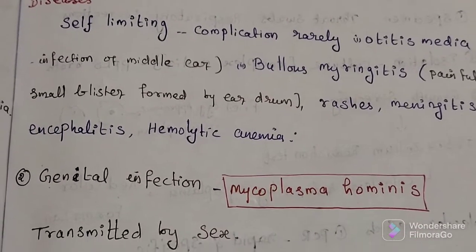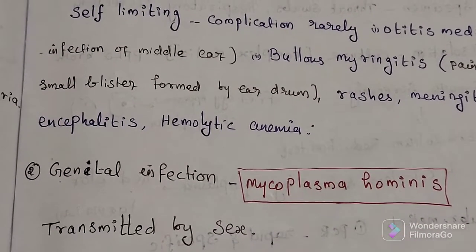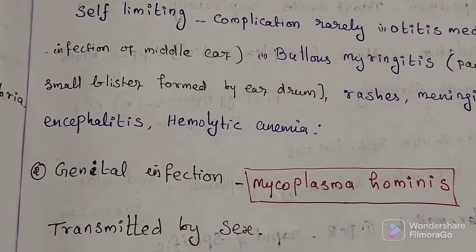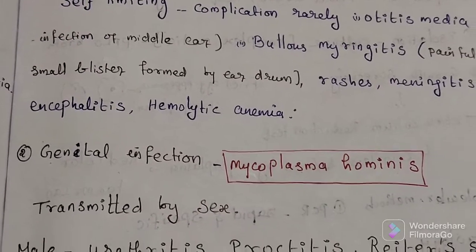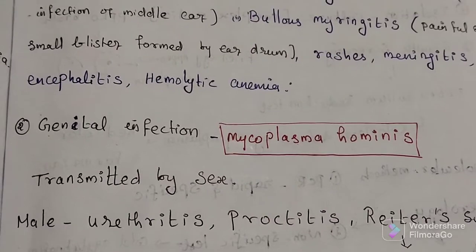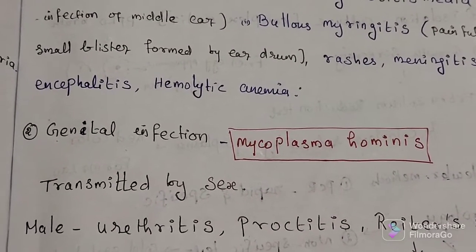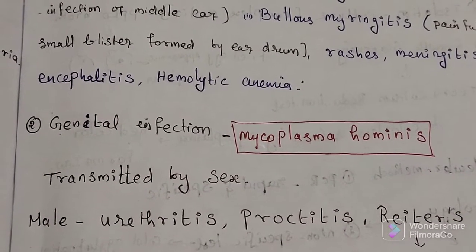Next is the second infection, genital infection. This is caused by Mycoplasma hominis. It is transmitted by sexual contact.